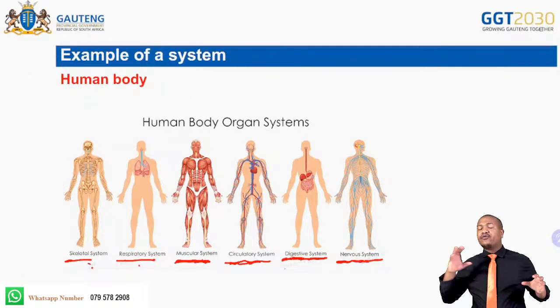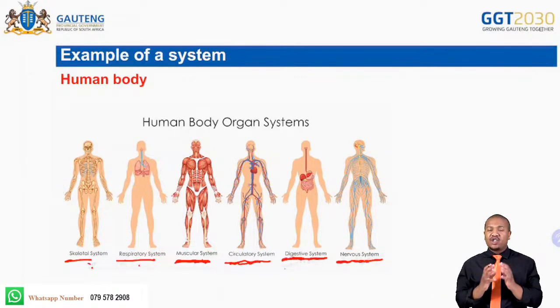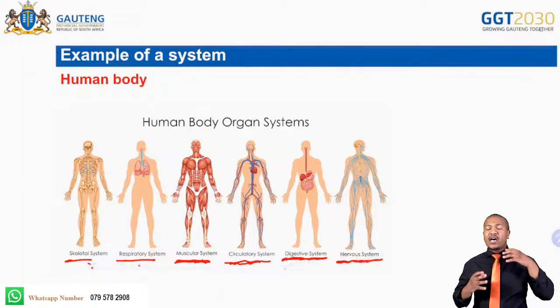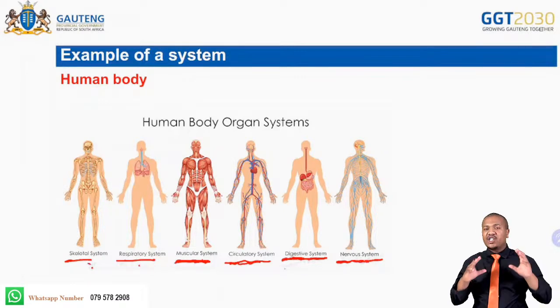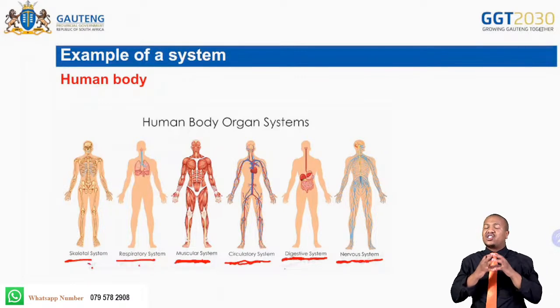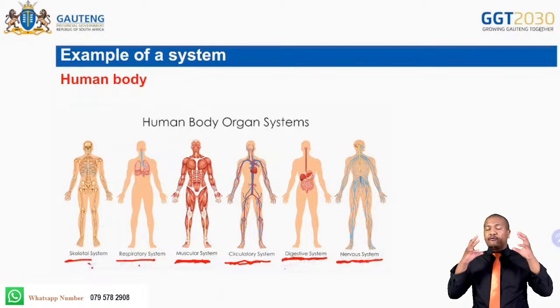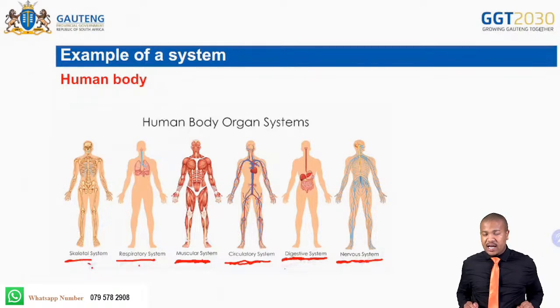There are different parts joined together for a specific function for us to be able to function as human beings. For example, I'm here talking to you now. Whereas I'm talking to you, I'm breathing in and out at the same time, speaking, and moving my hand at the same time using the skeletal system. Are we together? So what I'm trying to say is that a system is these different parts that form a complex whole, working together for a specific function.